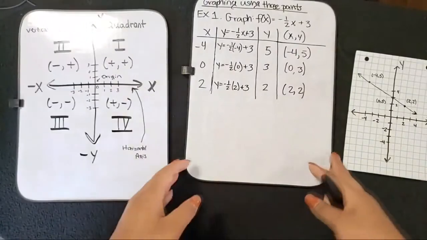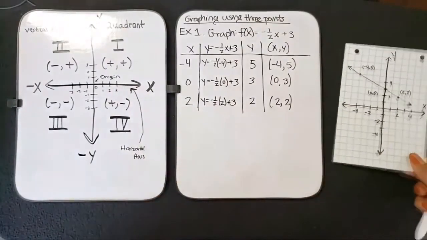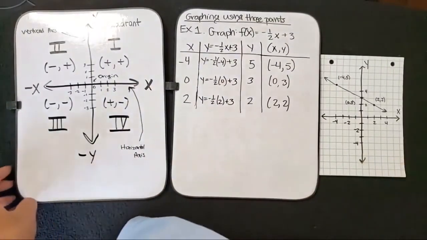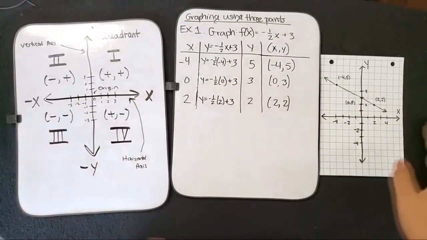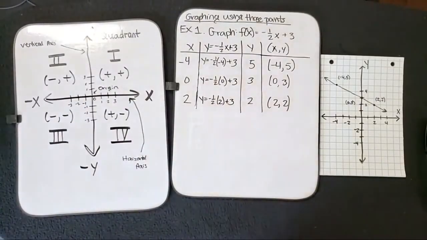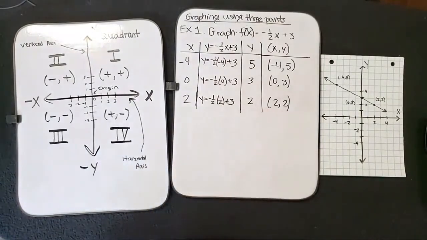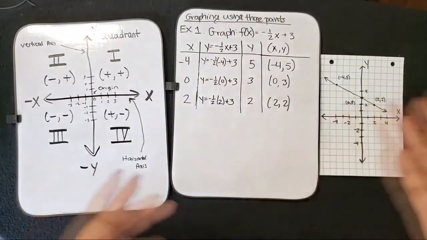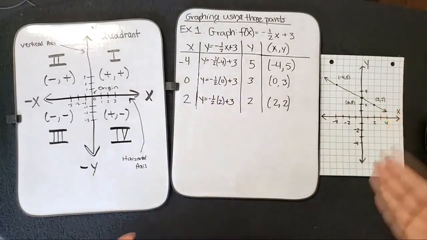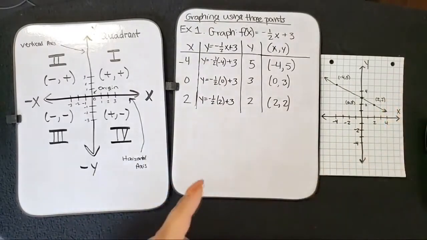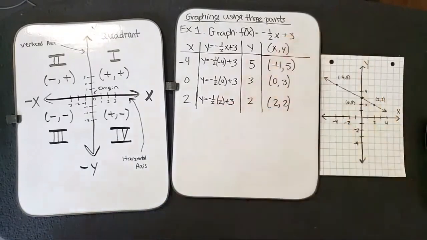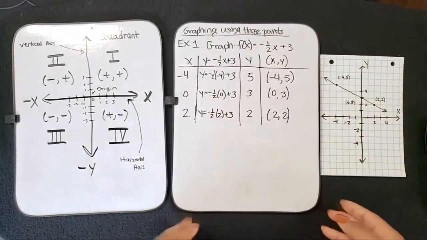So this is what you guys are going to be doing as far as graphing using the 3 points. You will have to pick 3 x's, plug them into the equation, figure out the y, and then you will have your 3 coordinates to plot and connect for your graph of the function that's in question.